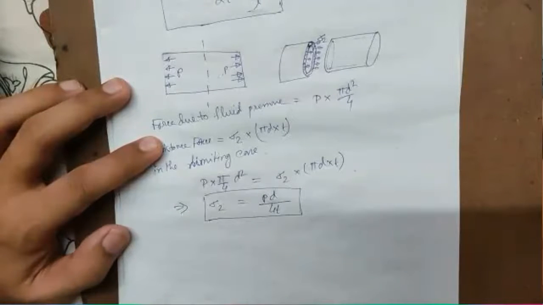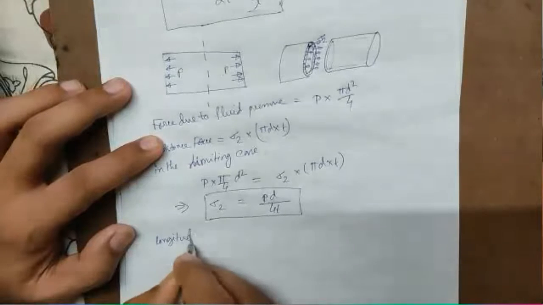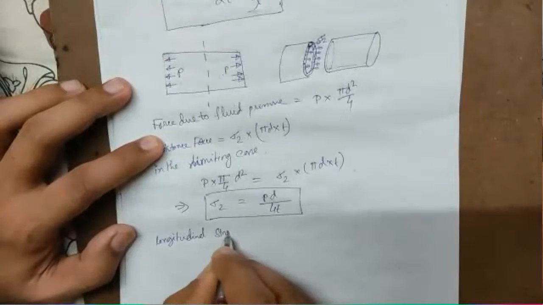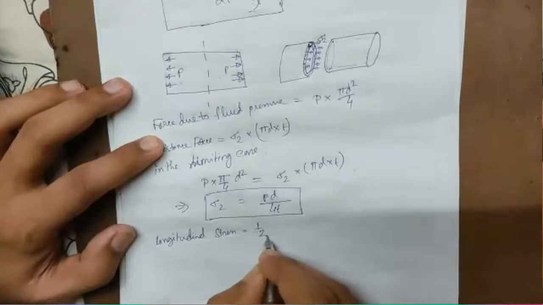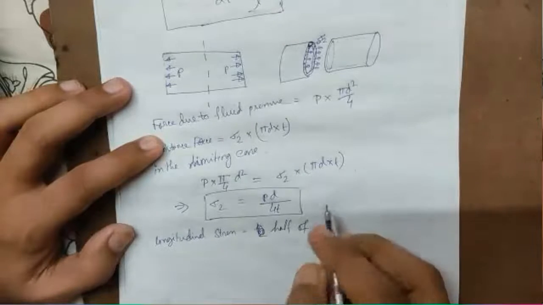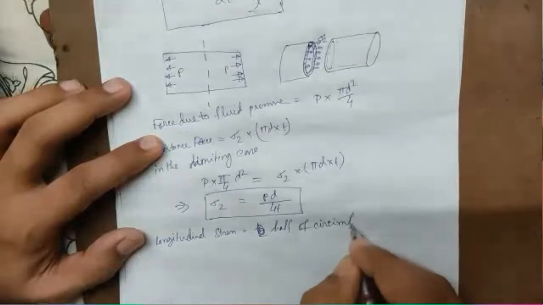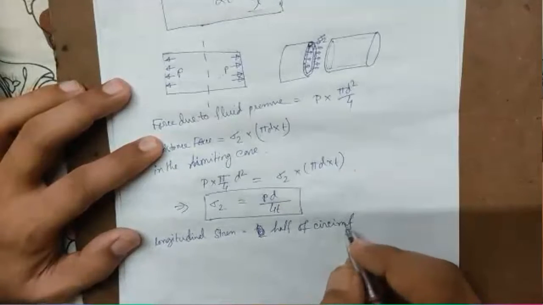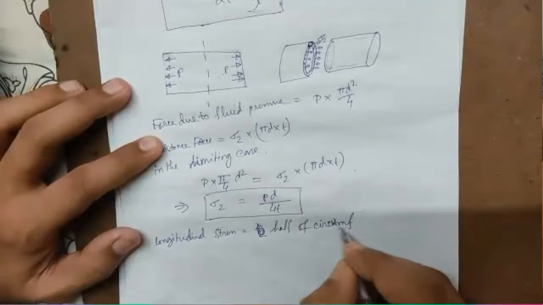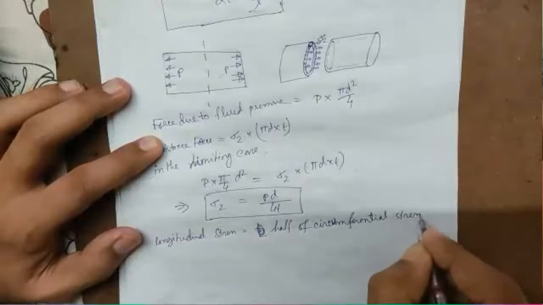So we can write, if there is no joint, then longitudinal stress is equal to half of the circumferential stress or hoop stress.